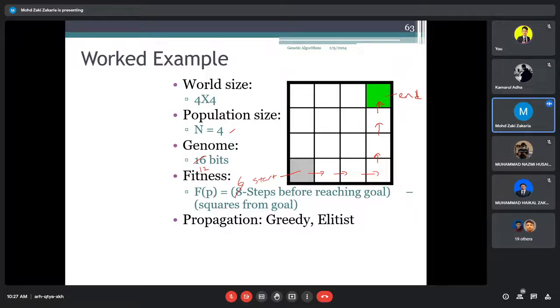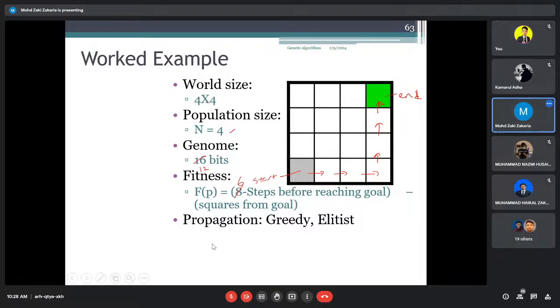So the fitness function is 6. I mean, the 6 steps is the best movement. If more, it means not good. If less, it cannot reach the goal. So at least 6. If you do it in another place, usually 6 steps.